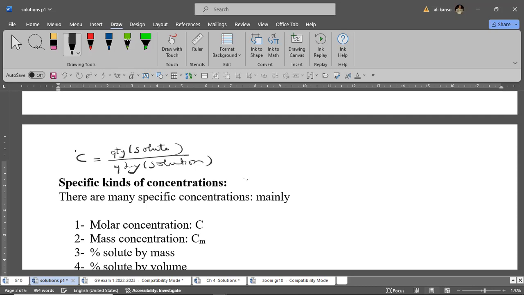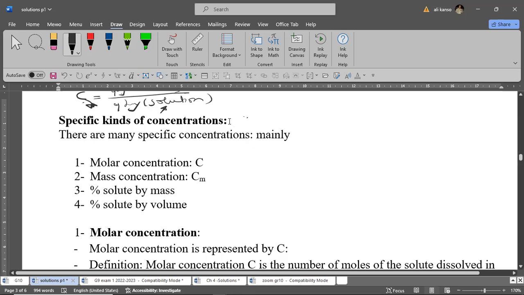Here, as in any fraction, concentration and solute are directly proportional. If this is increased, this will be increased. But if this is increased, this will be decreased. And vice versa.